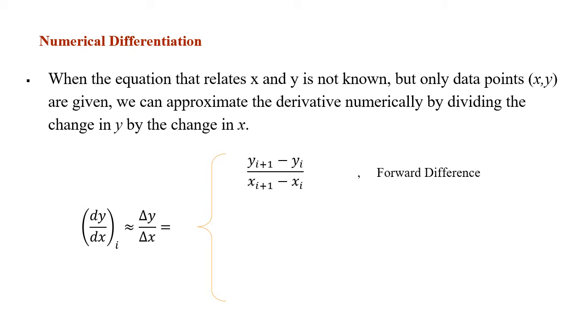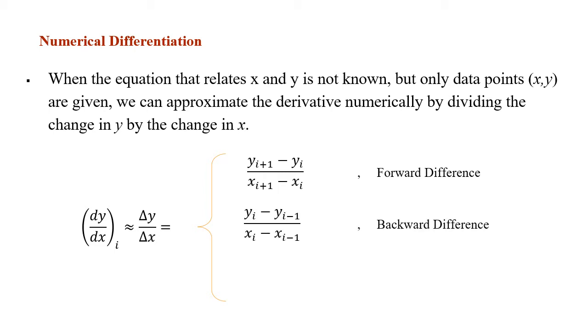So assuming y of i is the current point at which you want to find the derivative, and y of i plus 1 is the point that follows it. In the denominator, you're going to have x of i plus 1, meaning the forward point, or the point that follows the current point, minus x of i, which is the point at which we want to find the derivative. Then that is called the forward difference.